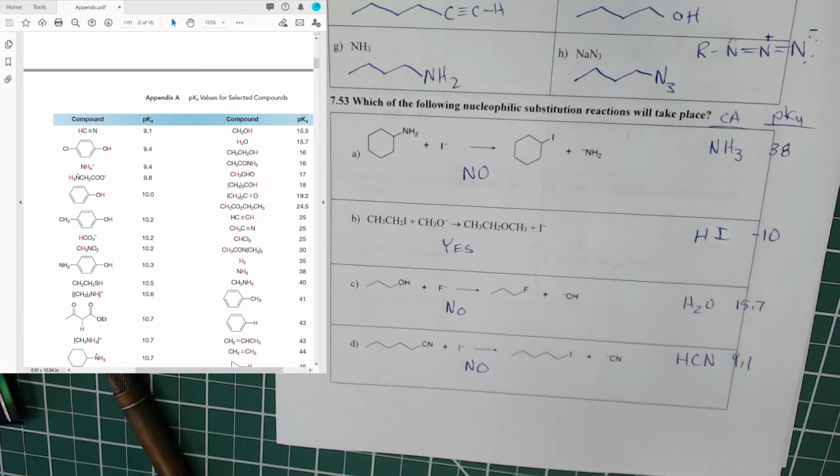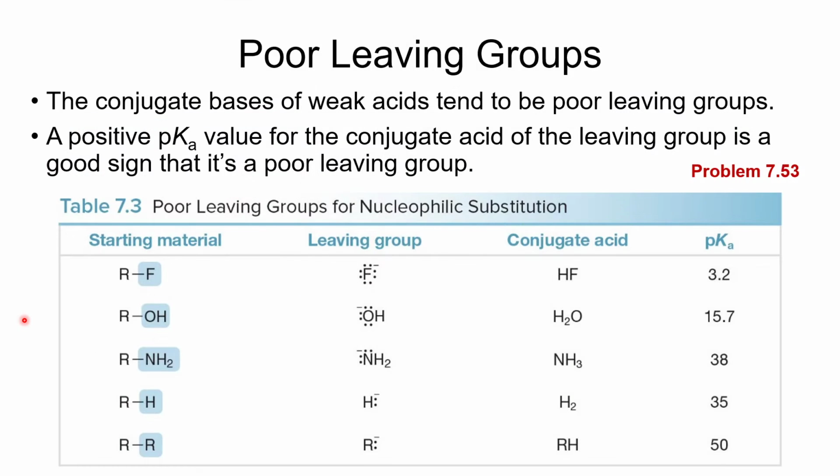Okay, so now what we want to do is go back and look at the next thing, which is the nucleophile. So in this section, we're going to be talking about what the nucleophile is, and what nucleophile we need in order to do a particular reaction.